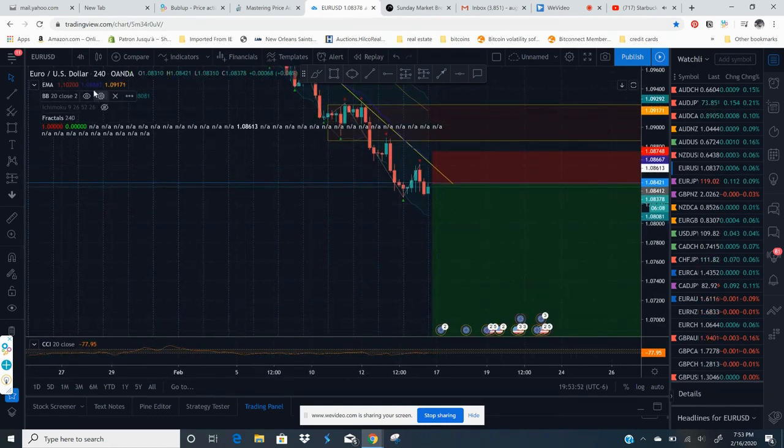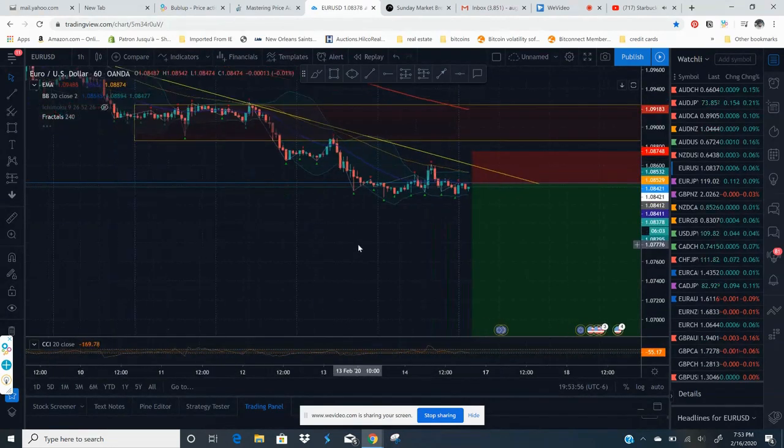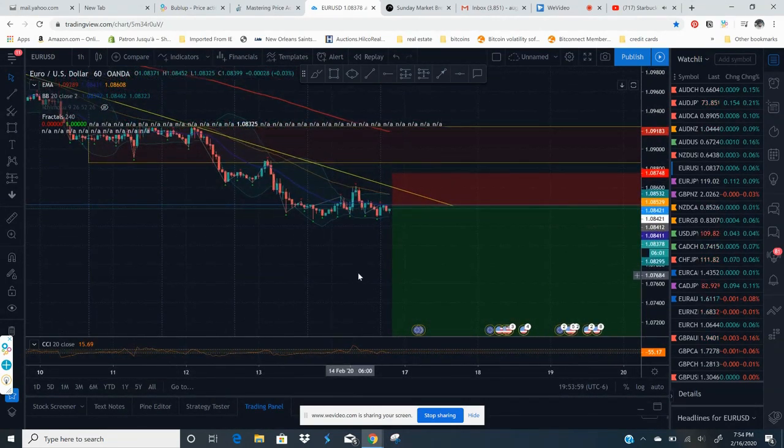Let's look at the 1 hour. Coming up, touches high. That's a 50. Come up there to touch the 200. It's in there, so right now it's ranging. It's got a strong support right here, and it's ranging down.